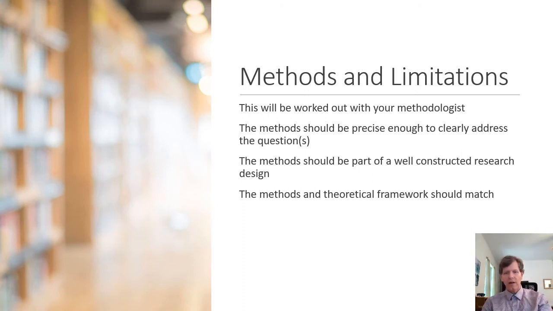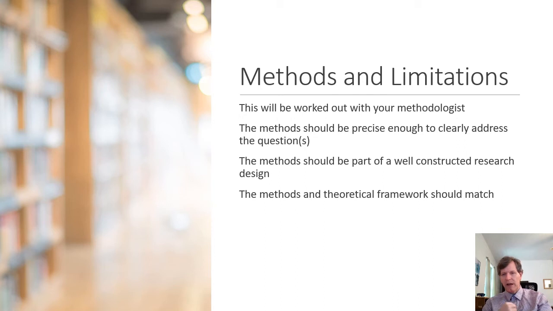Now we're going to talk briefly about methods and limitations. Obviously, you're going to work out your methods and limitations with your methodologist, be it Dr. Nolan or someone else who's your methodologist. The methods need to be precise enough to very clearly address your research question in the most logical manner possible.